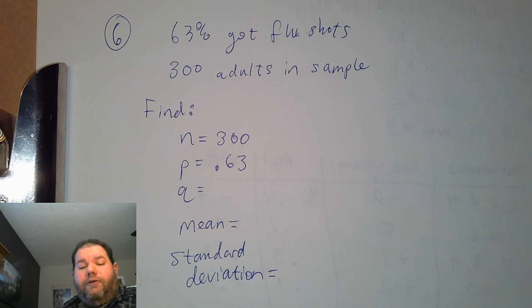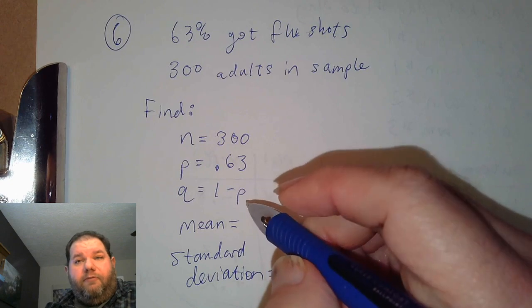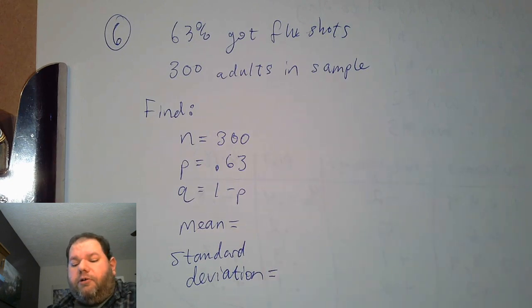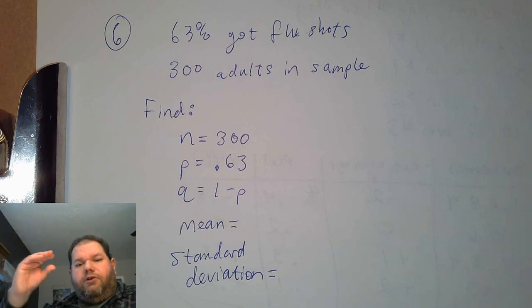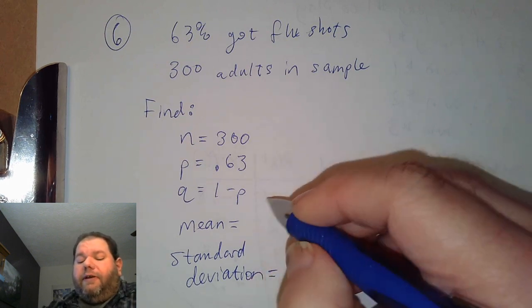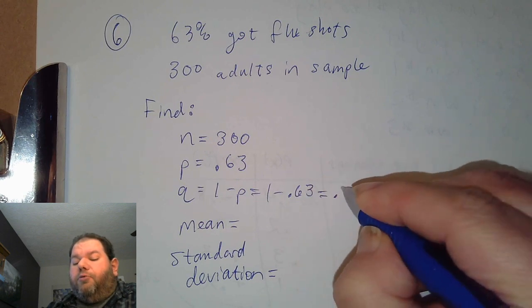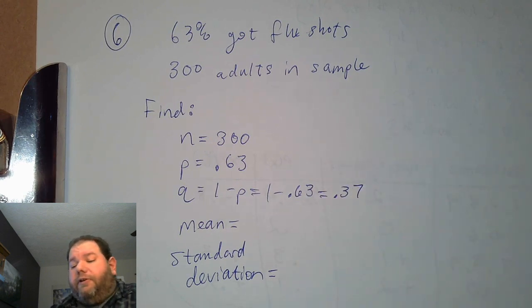Now, Q is not strictly given to us, but we know for a fact, and this is a formula that's provided on the formula sheet part of the test, which is the instructions and formula sheet, calculator instructions, and then the actual test is a kind of hierarchy there. Anyway, Q equals 1 minus P. This is our probability of failure. But we already know our probability of success is 0.63. So our probability of failure is 0.37, the other 37% of the time.